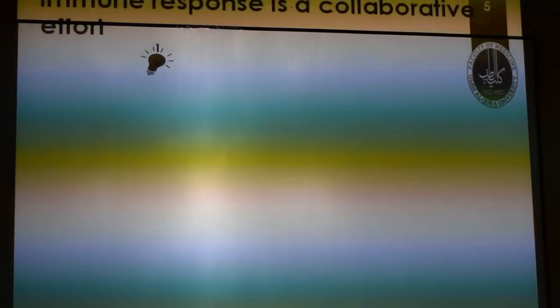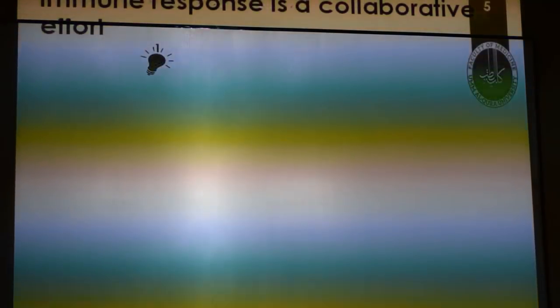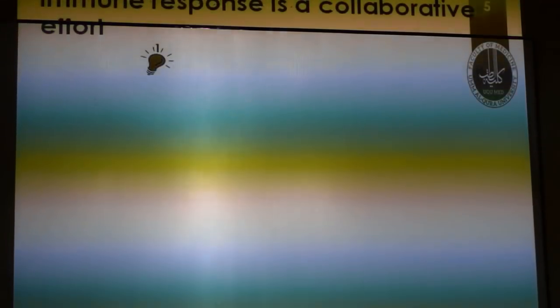Now, immune response is a collaborative effort. In this regard, the first question is to write down the components of the innate immunity. All the components that you can think of about the innate immunity, you should write down. In the second part, write down the components of adaptive immunity.